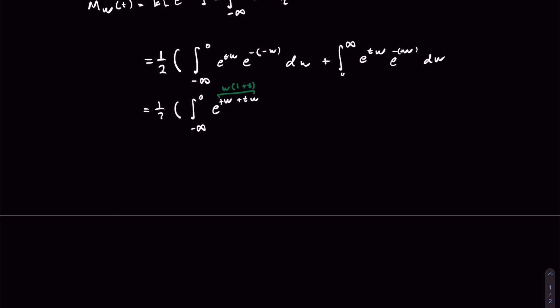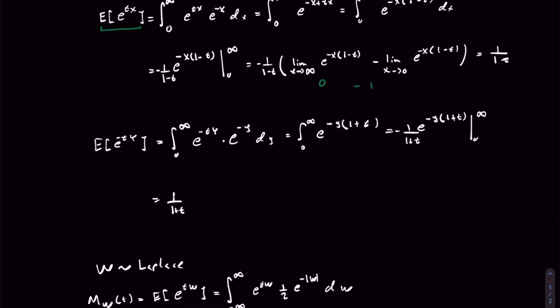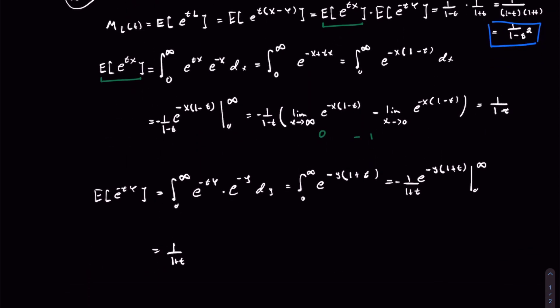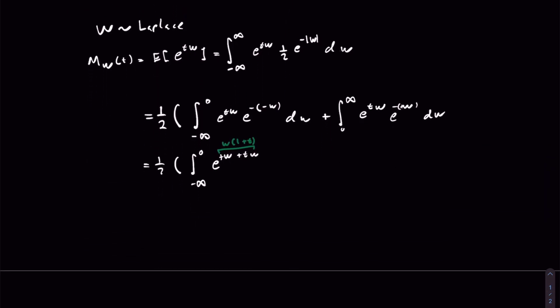Look, now it's starting to look like the expressions we had up here, where there are these 1 minus t and this 1 plus t. Starting to transform into what we're supposed to show.